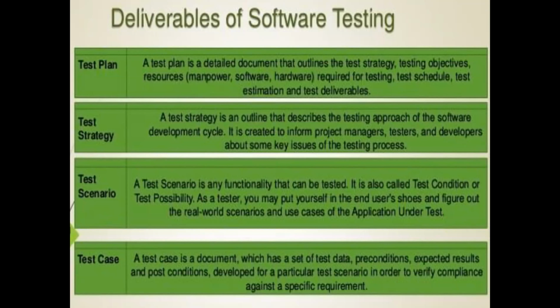So the overall approach or the overall methodology will be stated clearly in the test strategy. It is created to inform project managers, testers, and developers about some key issues of the testing process, like cost factor, time factor, resources, and policies. The test strategy is the top level management activity.